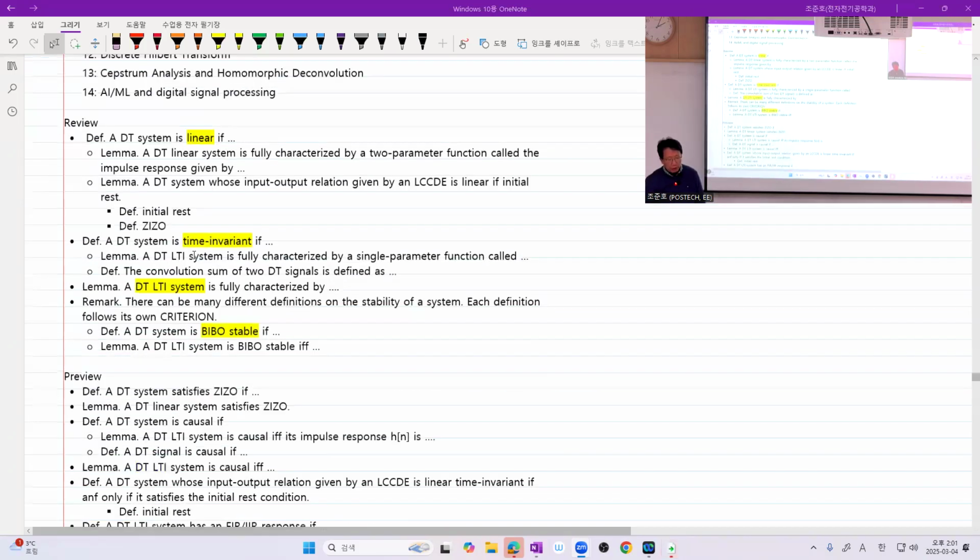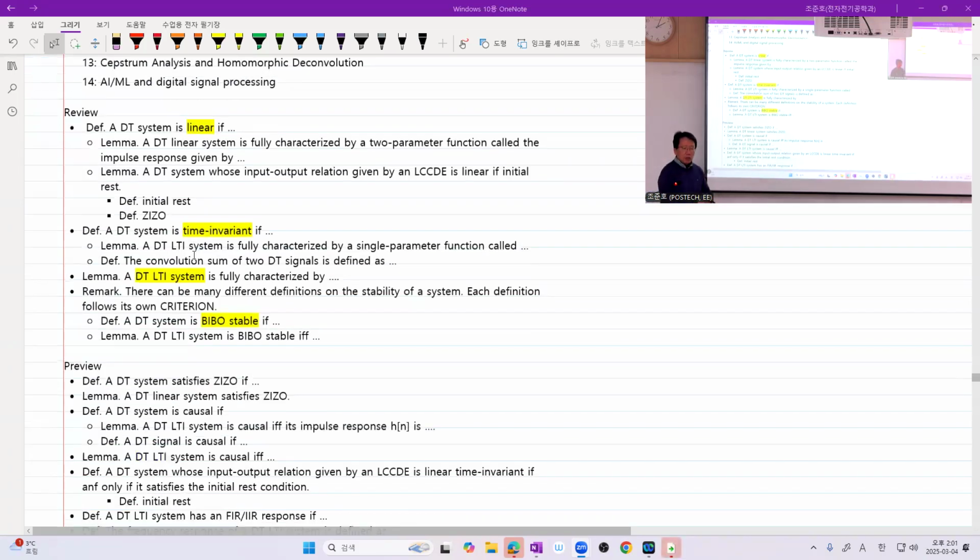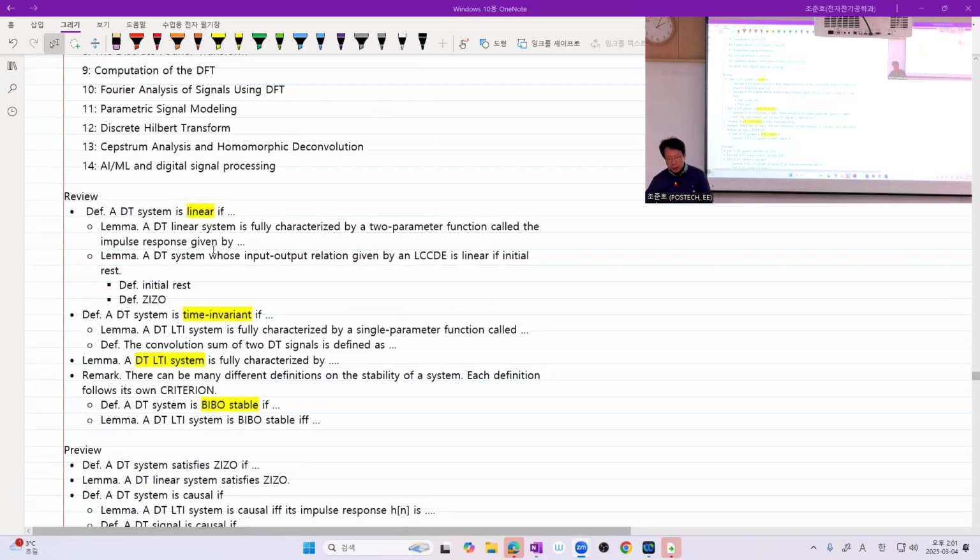Okay, here goes the review. Last time, we started to classify so-called discrete time systems. So we consider a mapping rule that admits the entire discrete time signal and generates another discrete time signal.